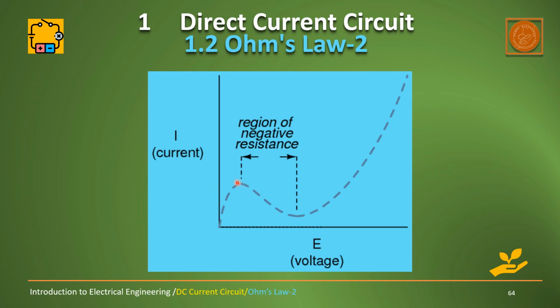But in this area, from this point to this point, when the voltage increases, the current decreases. So we call this area negative resistance.